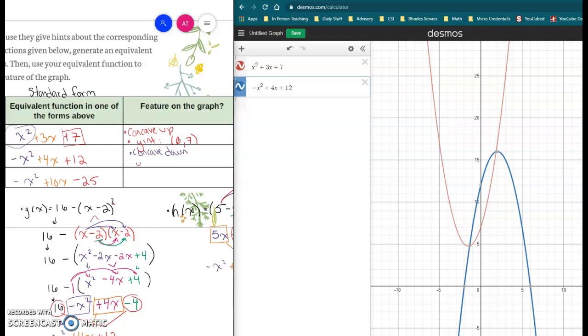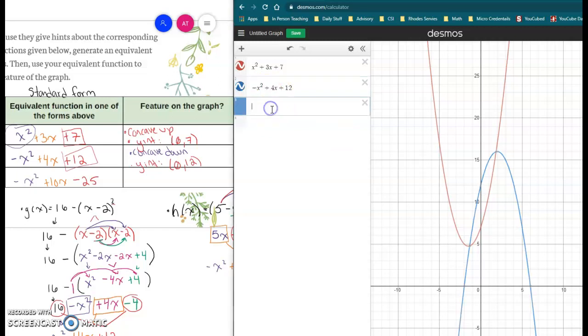And my y-intercept is going to be 0, 12. And if you didn't know this, that's okay. Remember, we're just learning this, and I just want to let you in on a little secret. So when we ask if it's concave up or down, or what the y-intercept is, you can instantly tell those based on the standard form. So as you can see, 0, 12 would be our y-intercept.